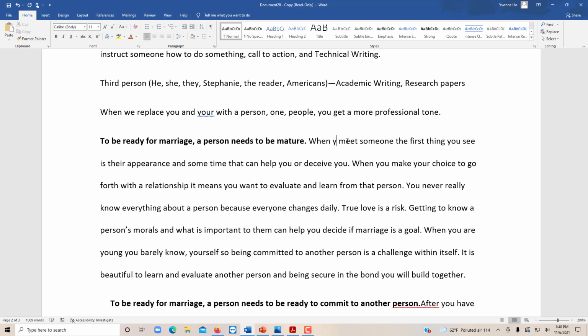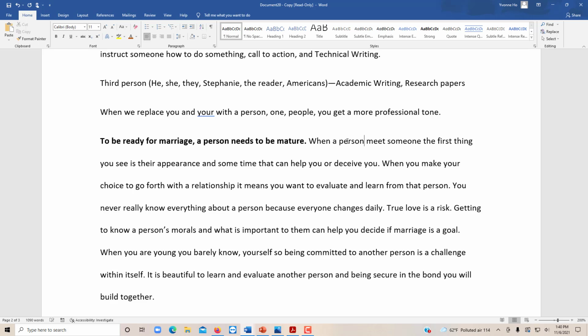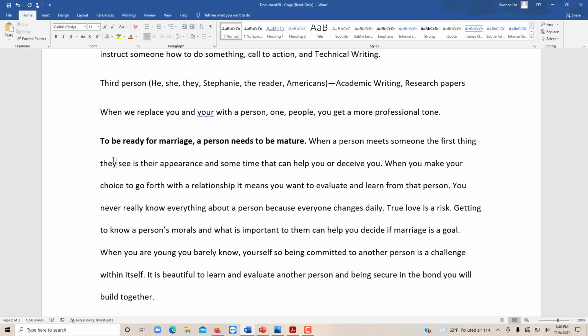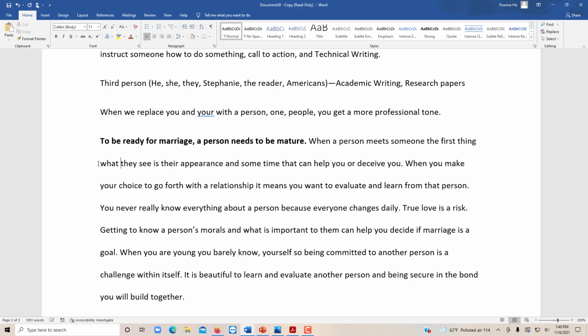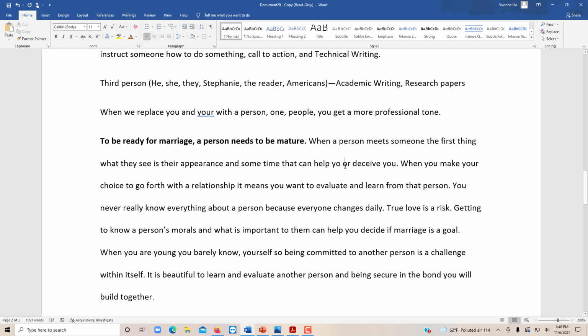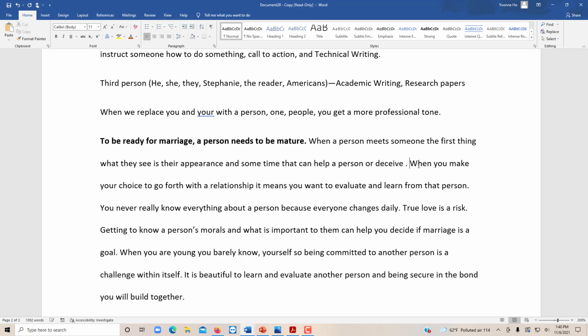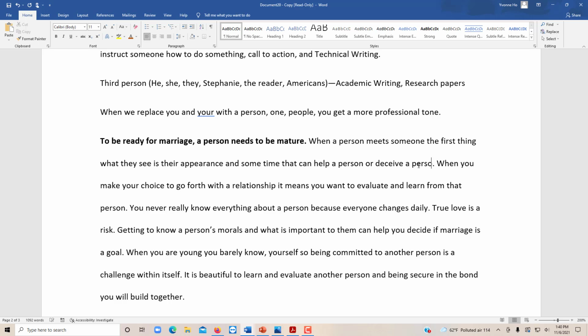So here's when a person meets someone the first time, what they see is their appearance, and sometimes that can help a person or deceive a person. So you see that even with that one sentence, this sounds a lot more professional.